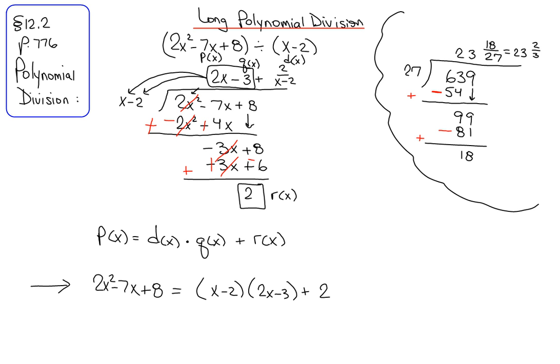Okay, let's do one more of these. Let's do one where we have some stuff missing. So now what we're going to do is we're going to do 3x to the 4th minus 2x cubed plus 2 divided by x squared minus 1.